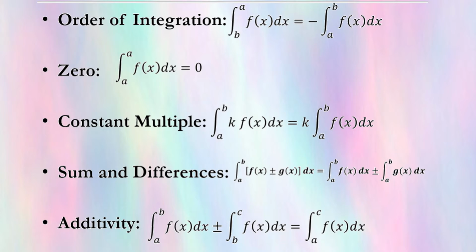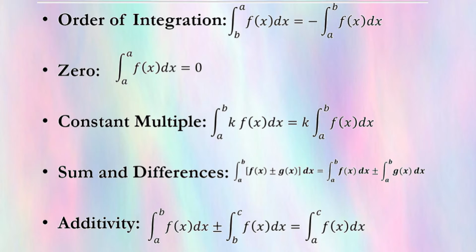For the constant multiple, if there is a constant or a number before the integrand, then the constant will be outside, just like in the indefinite integral. So we put it outside, before the integral symbol. Then whatever the result of the evaluation from a to b, that's the time that we multiply it by the constant.